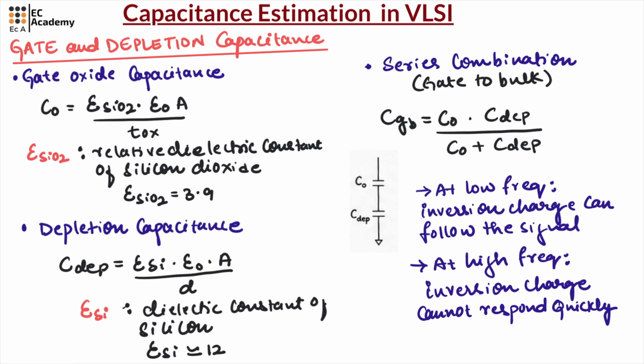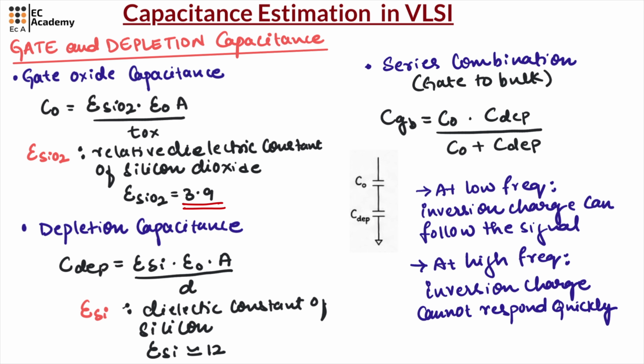Now let us look at the formulas of gate and depletion capacitance. First, the gate oxide capacitance C0 will be equal to epsilon SiO2 multiplied with epsilon naught multiplied with A divided by T oxide, where epsilon SiO2 is the relative dielectric constant of silicon dioxide, which is approximately equal to 3.9.